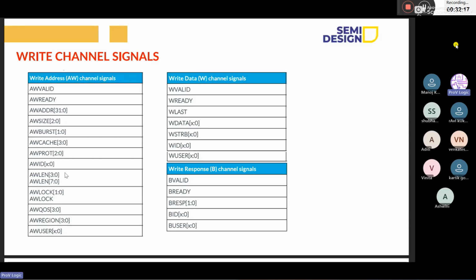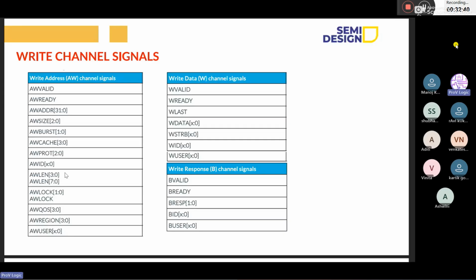In 32 bits, how many bytes will be there? 4. So a total of 4 bytes will be there, right? So if all are 1, it indicates the strobe as all 1 when all the bytes are valid. Okay, all bytes.